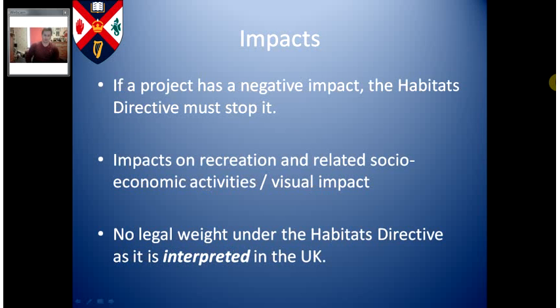So what happened? The impact on recreation and related socio-economic activities, sailing and boating, was massively curtailed. Revenue was lost and tourism was impacted.